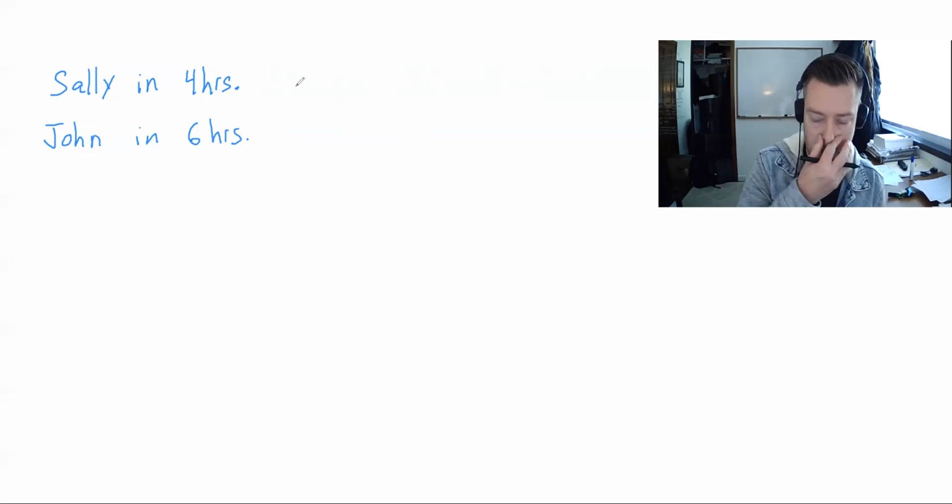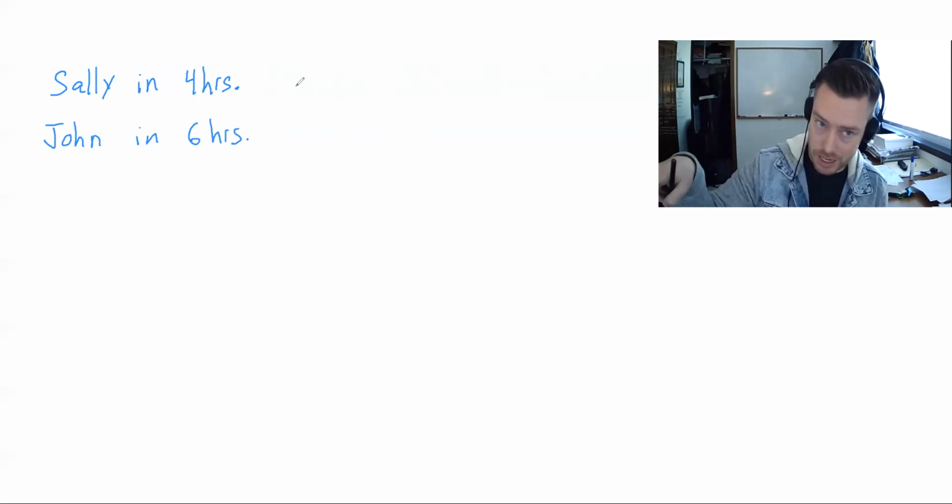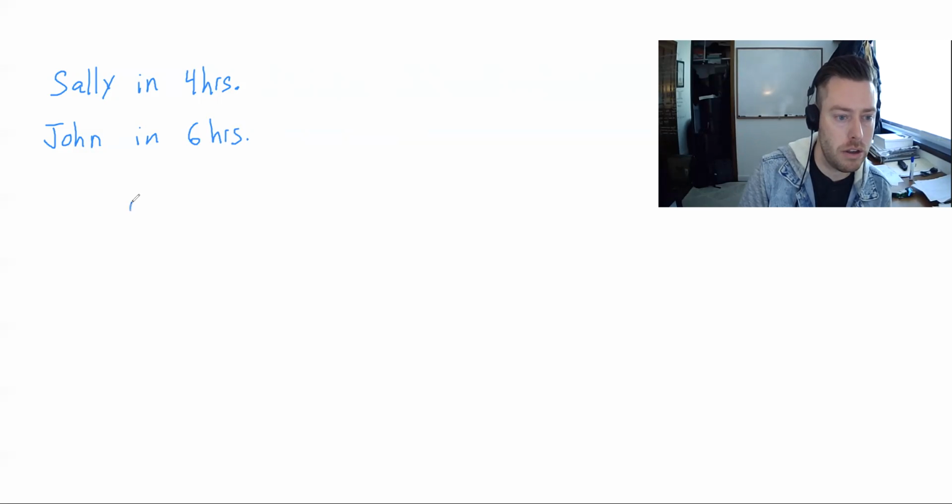So again, this is kind of like the first word problem where you're also going to be dealing with fractions. Remember your units here. Sally can paint one house in 4 hours. We're going to write this in terms of Sally: Sally can do one house in 4 hours.